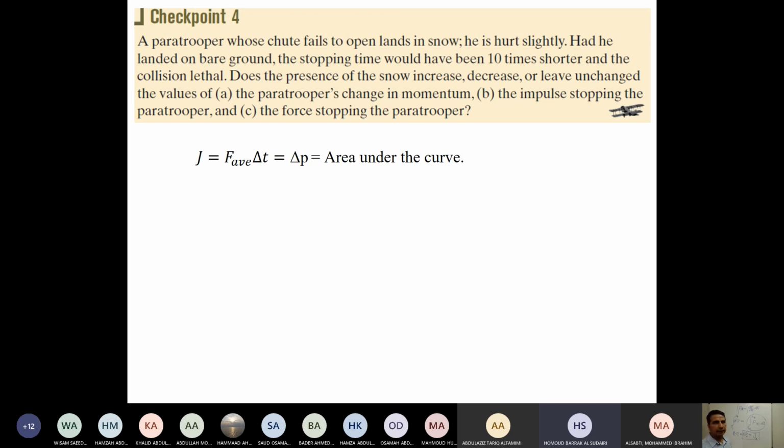And the end momentum is also the same, because if he landed on the snow, eventually he came to rest, momentum is zero. Or if he was landing on the ground, he also came to rest and the momentum is zero. So the change in momentum is not changing. It will remain the same, either in the snow or on the bare ground.